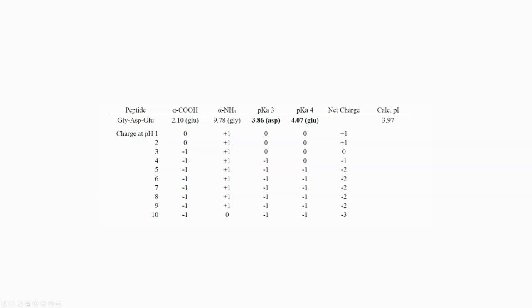And then we determine the side chain. Add the side chain: the aspartate is 3.8, and the side chain of glutamine is 4.07. For these 3 amino acid peptides, you have these 4 numbers. Then take the 2 in the middle and average them. That'll be the PI.